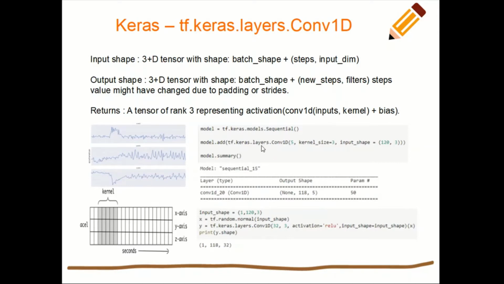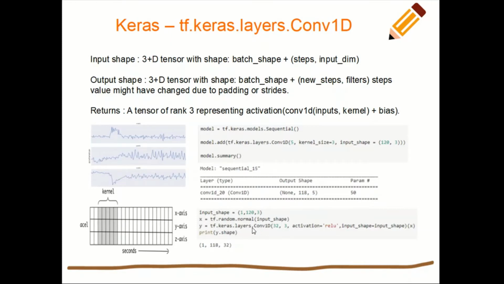So how do we represent this whole thing? Let's say we define this input shape as a batch of one, with 120 samples and three inputs per sample, right? And we are generating random data of this shape.